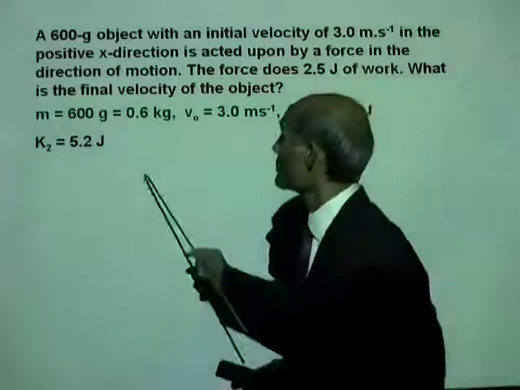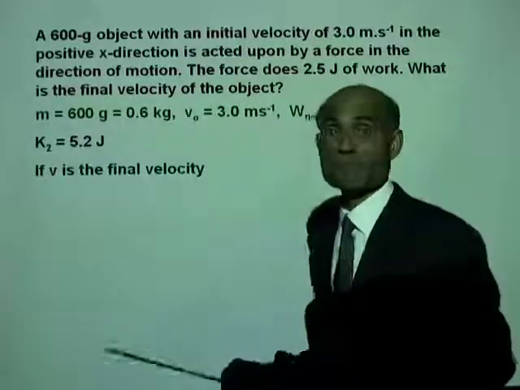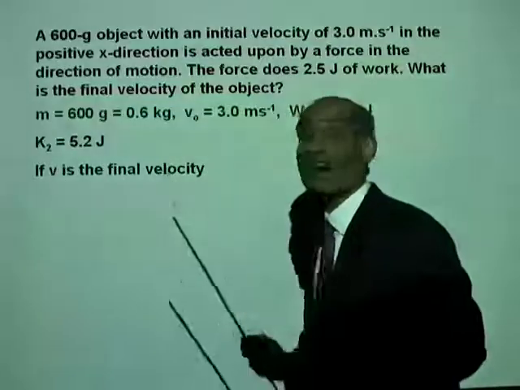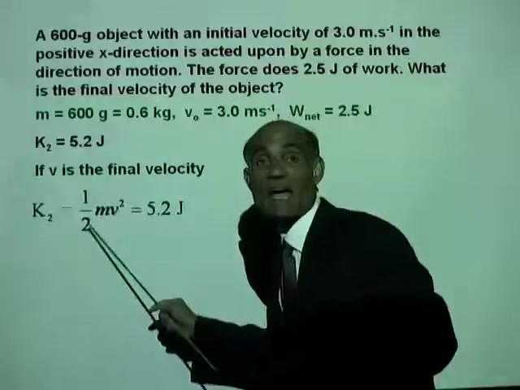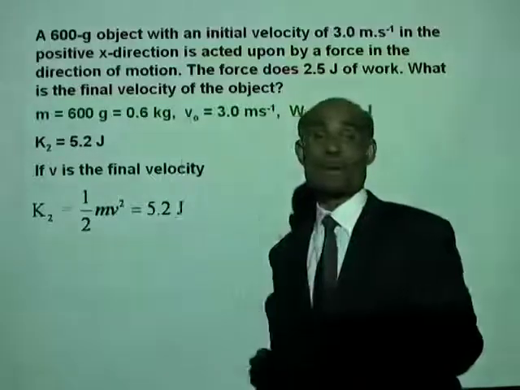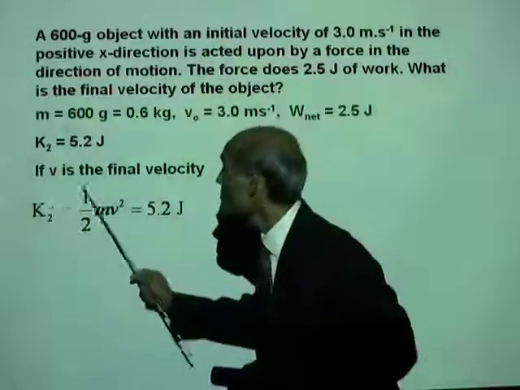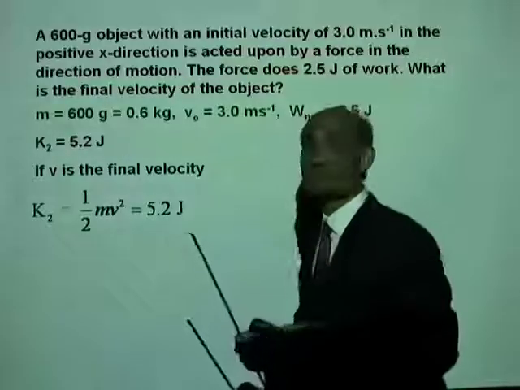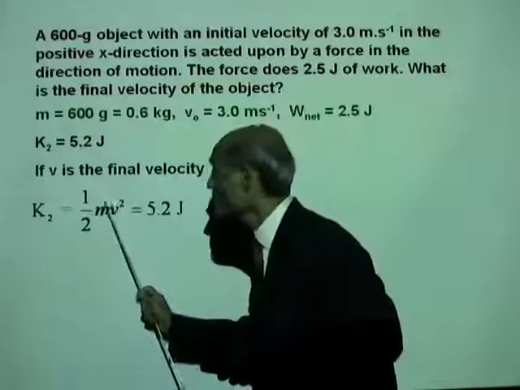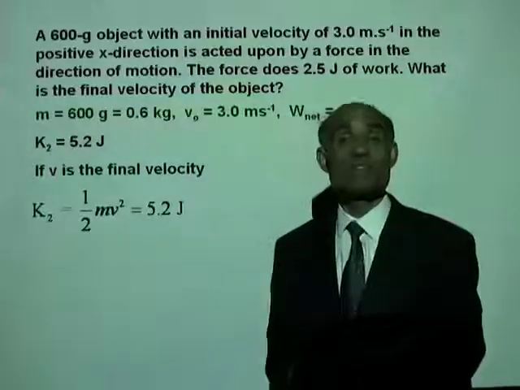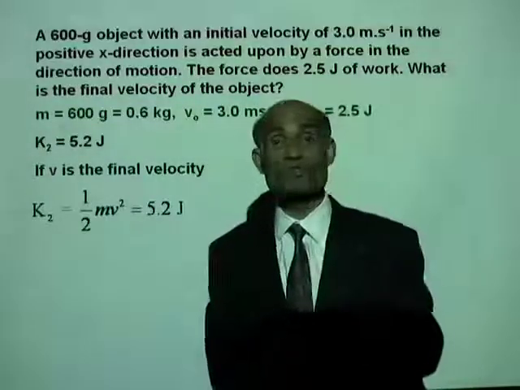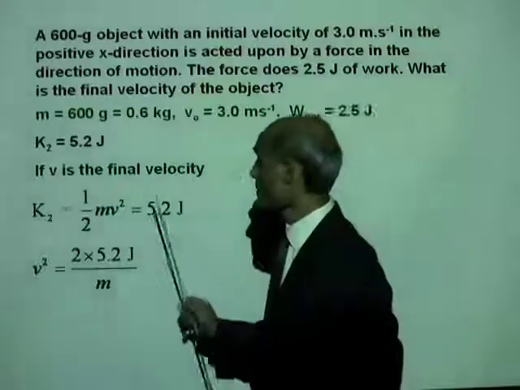If V is the final velocity, then K2 will be 1/2 mv squared, and that K2 equals 5.2 joules. Now, you know the mass of the object. The only unknown quantity there is V. Solve for V.